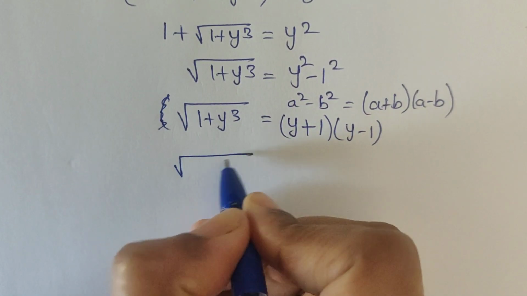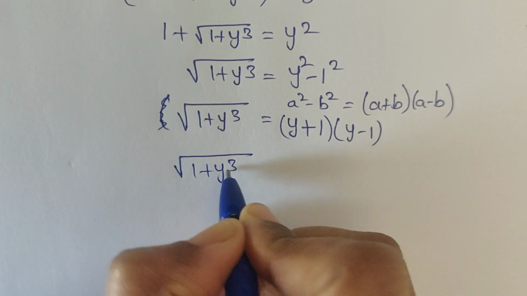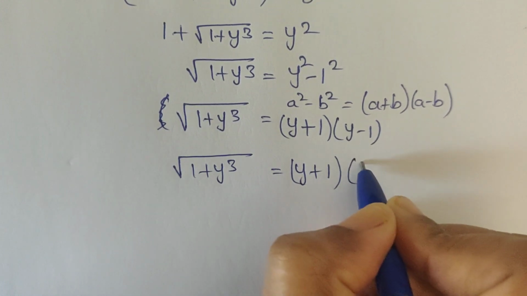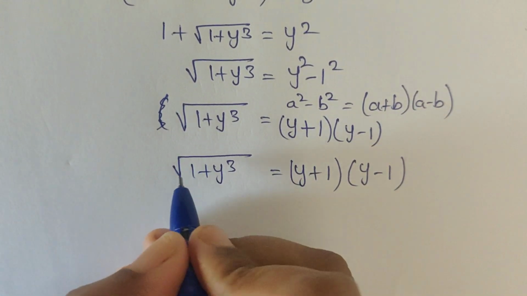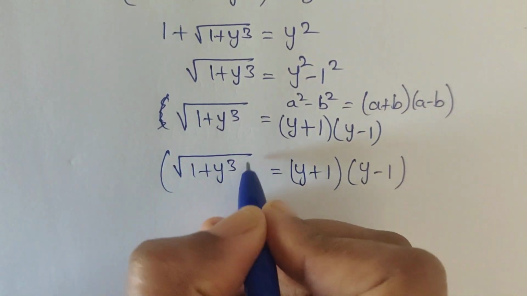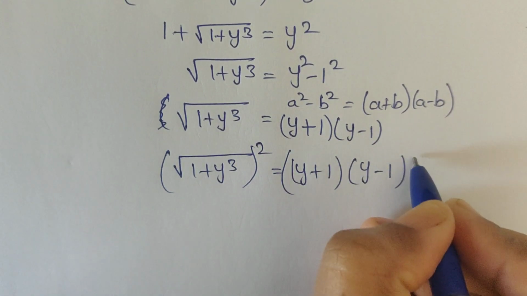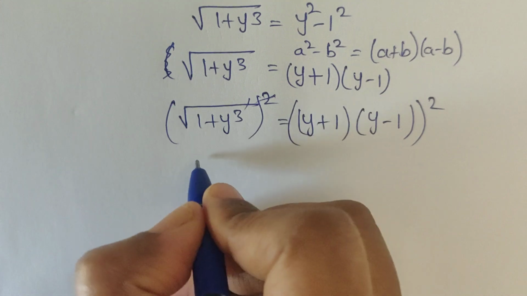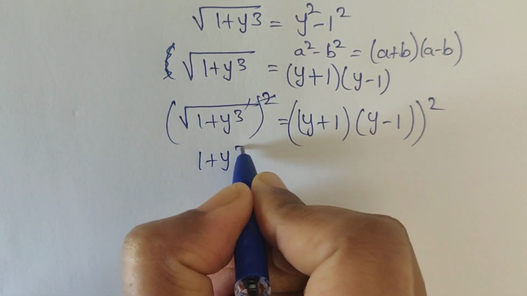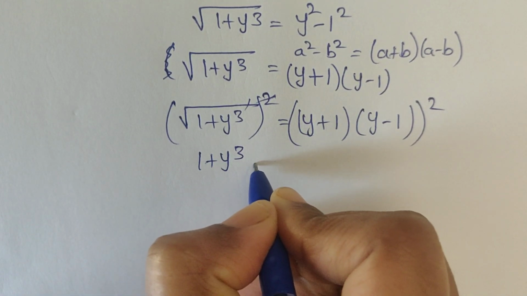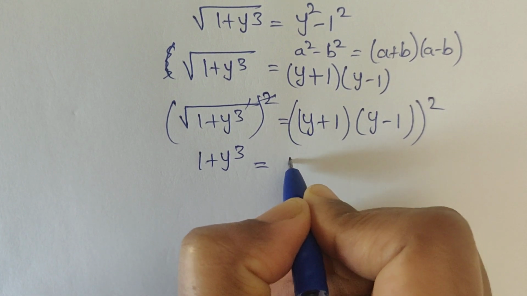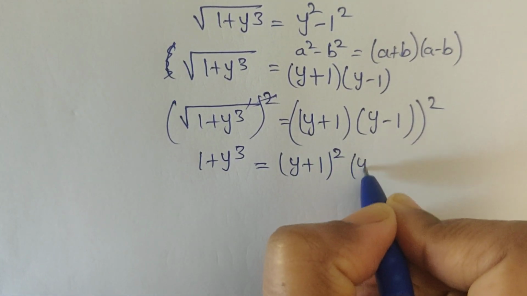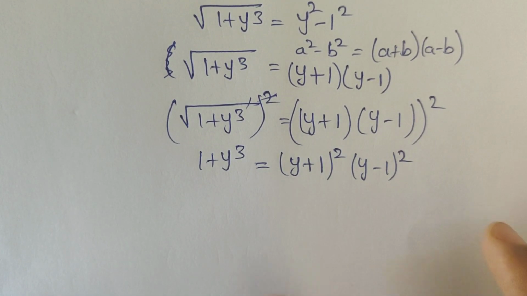So square root of 1 plus y cube equals y plus 1 times y minus 1. So apply squares on both sides. Now the square root cancels. 1 plus y cube is equal to y plus 1 whole square times y minus 1 whole square.